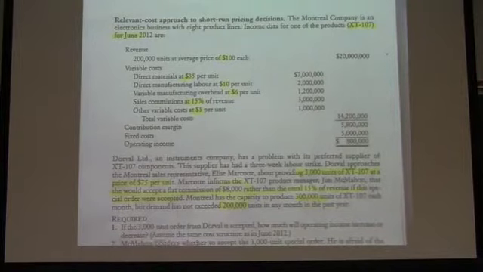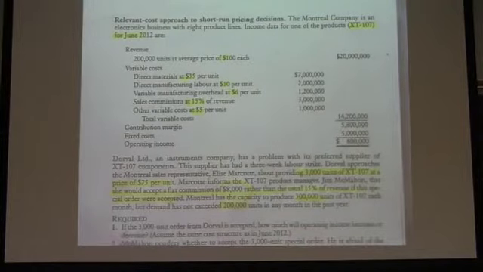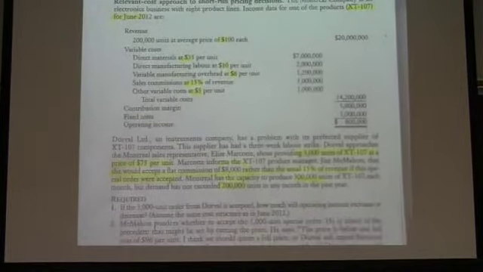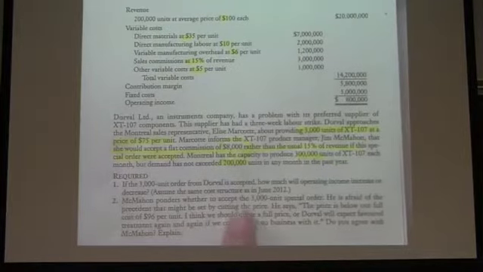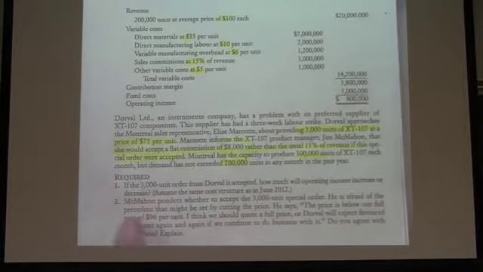So if the 3,000-unit order from Dorval is accepted, how much will operating income increase or decrease, assuming the same cost structure as in June 2012? Now, the second part says McMahon ponders whether to accept the 3,000-unit special order. He's afraid of the precedent that might be set by cutting the prices. And I don't disagree with that concern.